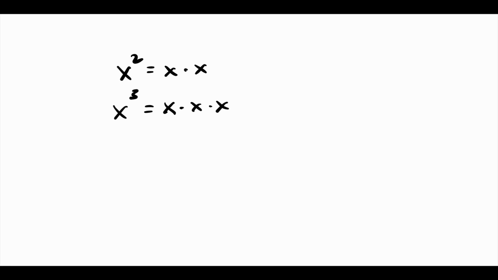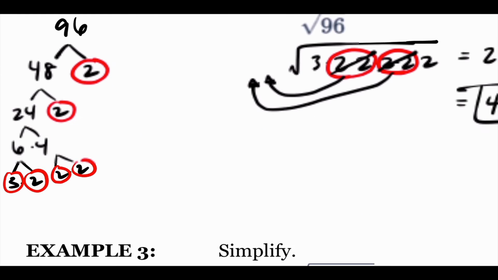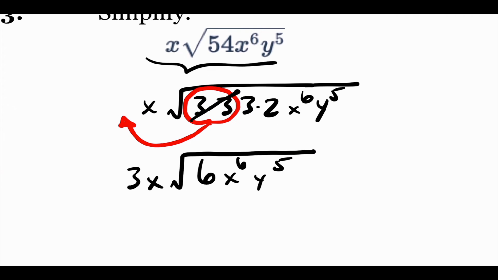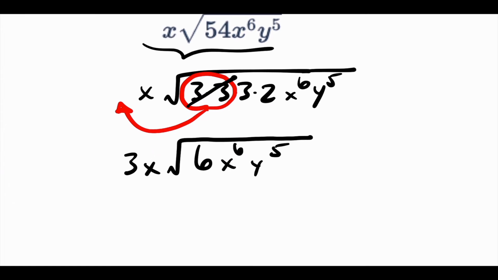Right? So the one we're dealing with right now is x to the 6th, right? So isn't that just x times x times x, 6 times? Same thing with y.